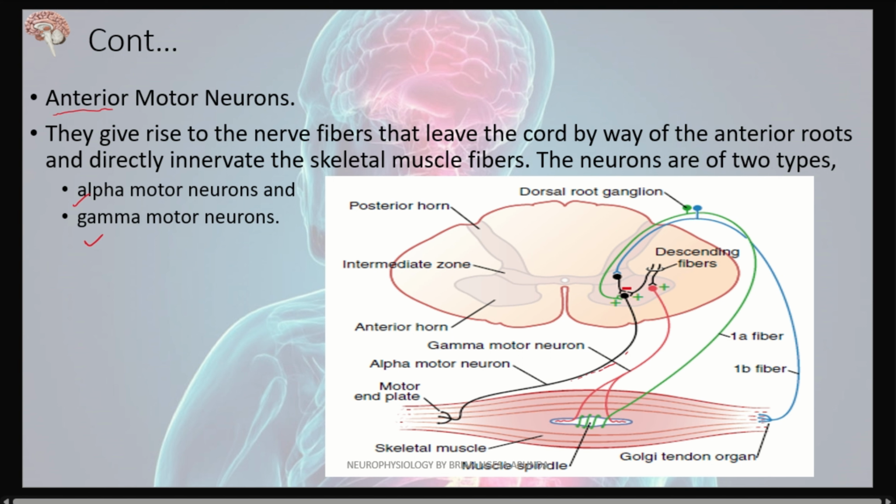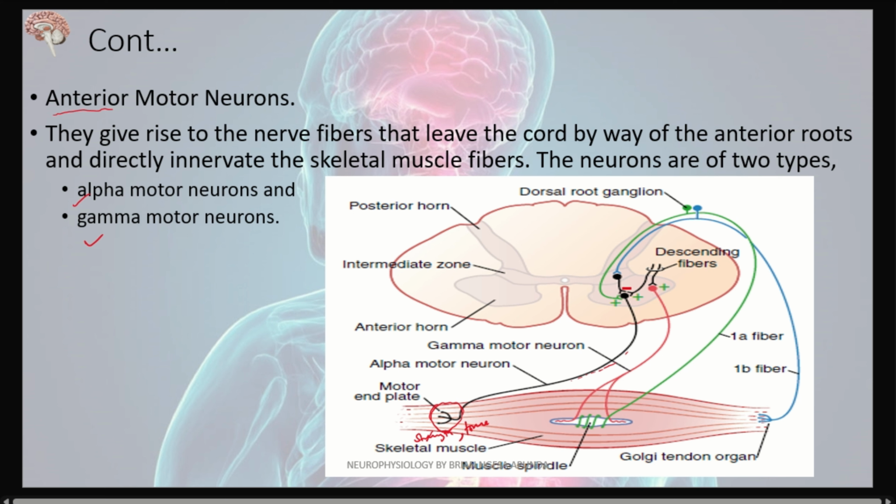This point of the muscle is referred to as the Golgi tendon area. Upon stimulation of this area, we are likely to see some changes in the strength of the muscle, or maybe the tone.